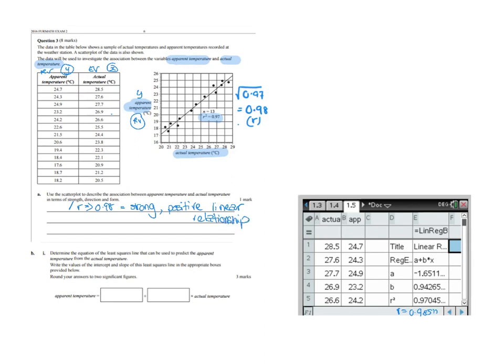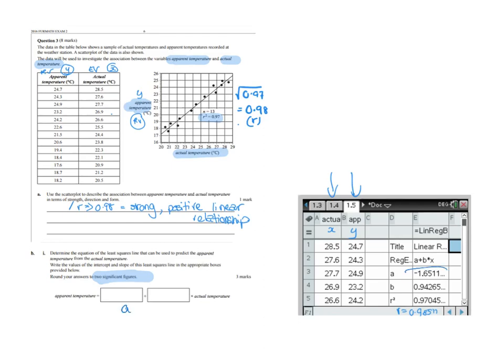Determine the least squares regression line. I popped in the data already, and remember that for actual, see how I changed it around when I typed it in, I put the X first and the Y second. Now be careful here, they are asking for two significant figures. So this is the A value.